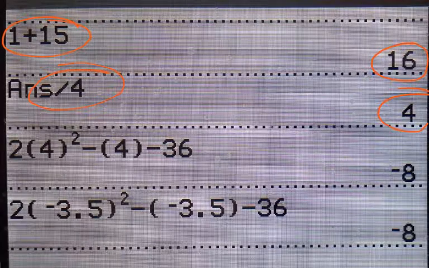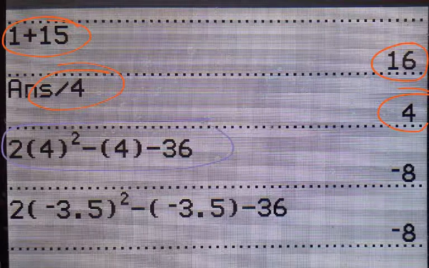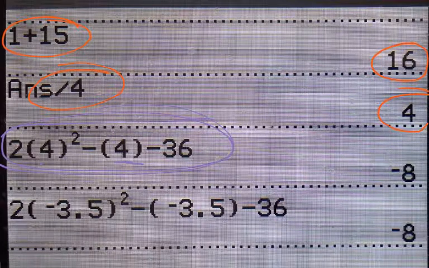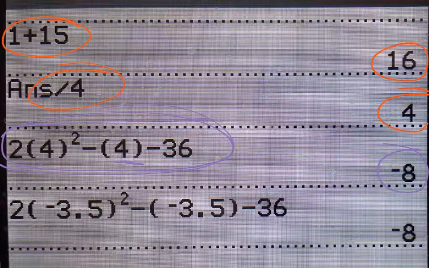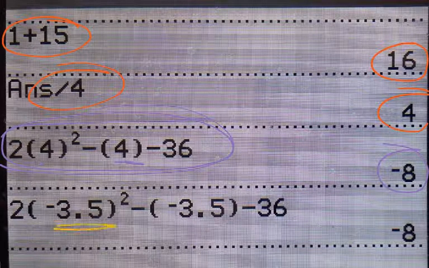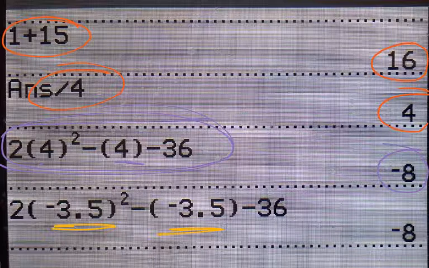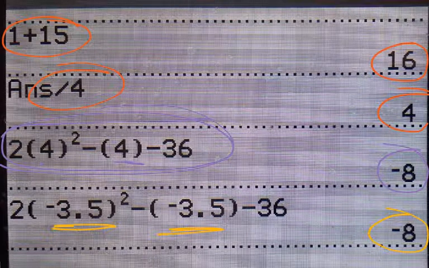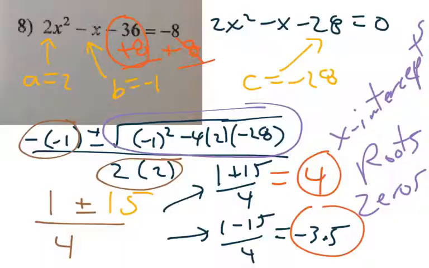If you look at my calculator here, guys, I plugged in 4 right here. Again, use your parentheses there. And I got negative 8. And then when I plugged in the negative 3.5 there and there, again, use your parentheses, I got negative 8 again. And that, of course, is what we're supposed to get right there, right? Once I plugged it into the original equation.